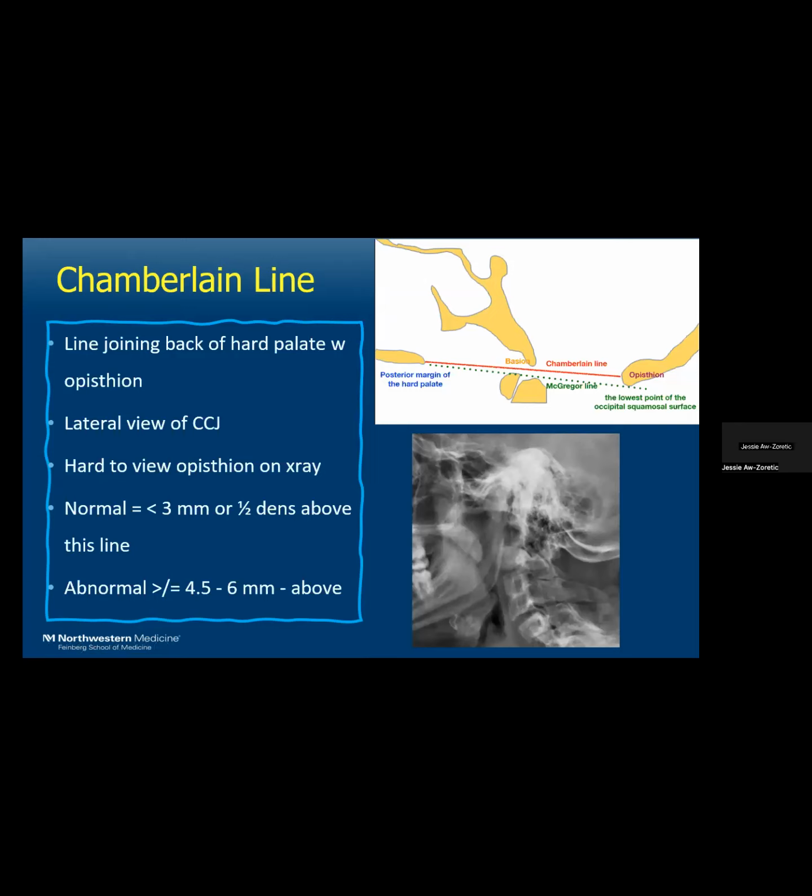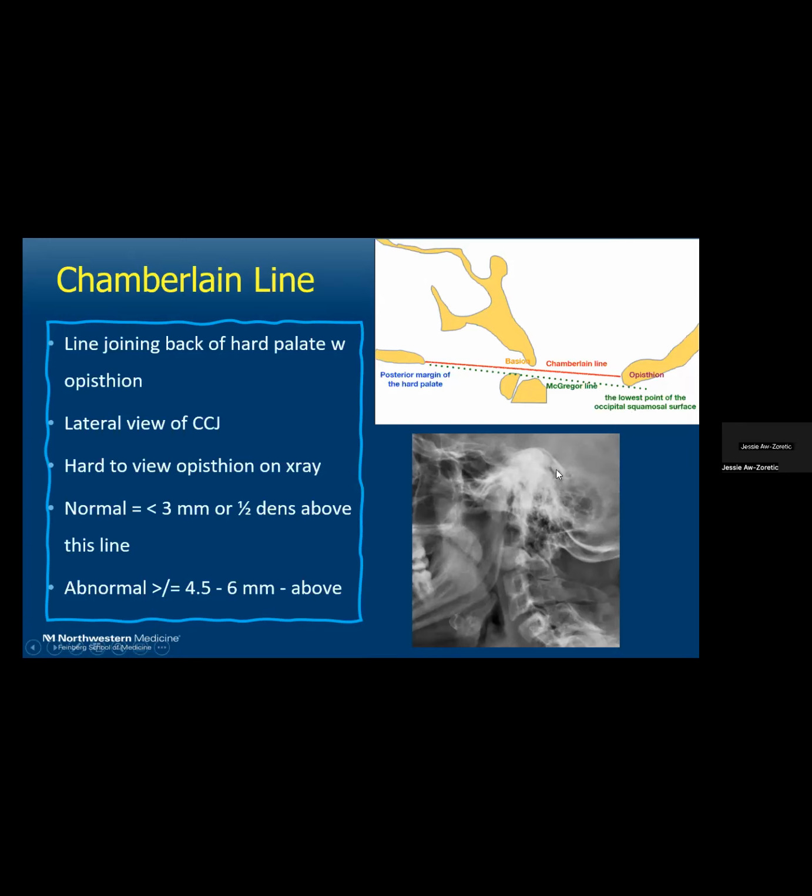We'll first of all discuss Chamberlain line, which is a line joining the back of the hard palate with the opisthion. And literally, you want to see that on the lateral view. You want to get that straight sagittal of the craniocervical junction.